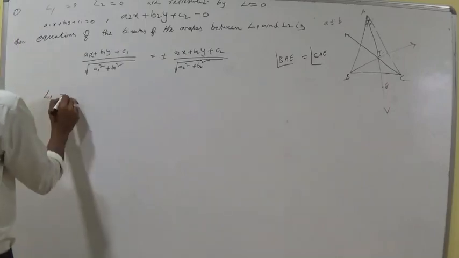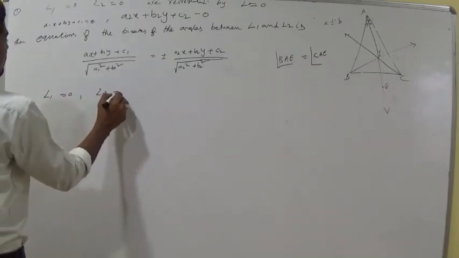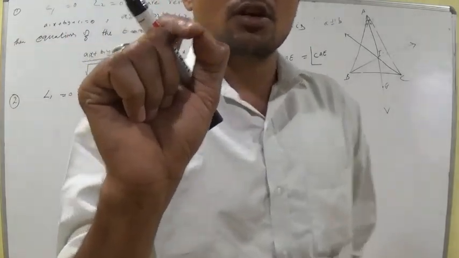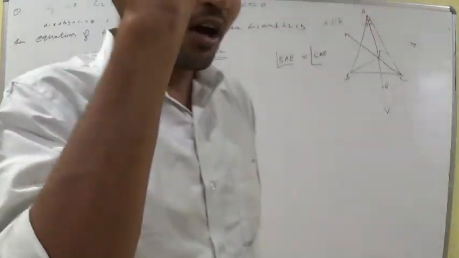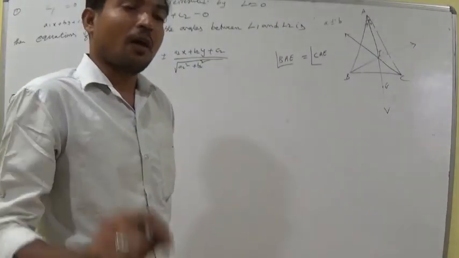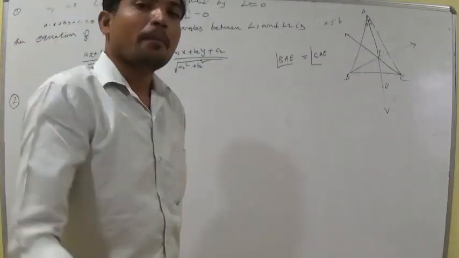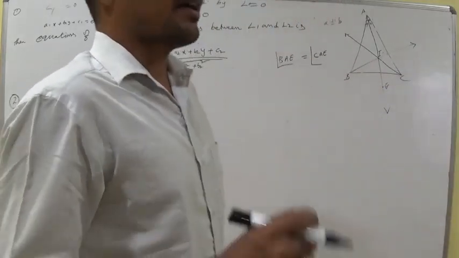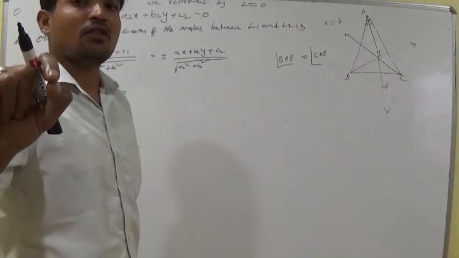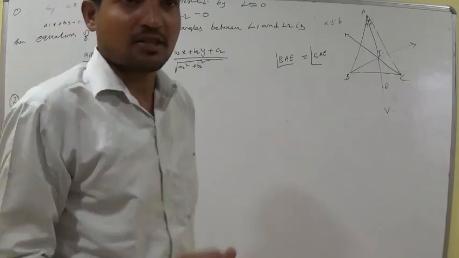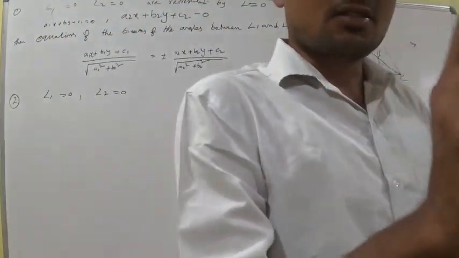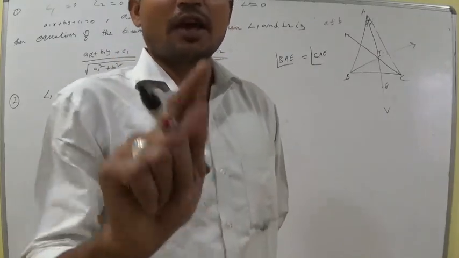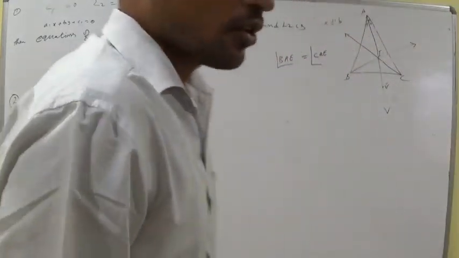And the second one. L1 is equal to 0, L2 is equal to 0 are the pair of intersecting lines. Then the combined equation of the bisectors of angles between L1 equal to 0 and L2 is equal to 0 is h into (x square minus y square) minus xy into (a minus b) equal to 0.